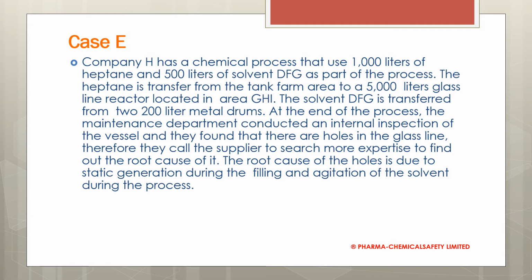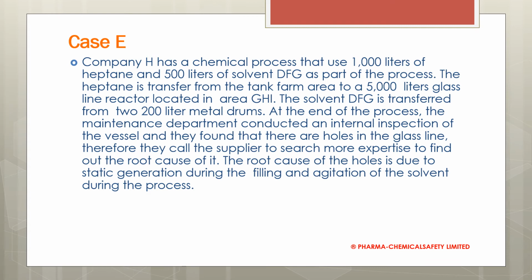It's very slow, and you can find that data. Don't use the data that I'm telling you right now. Go to NFPA 30 and you're going to find the maximum flow to load the means of containment. It's very slow, and it's to control the dissipation of static, especially with non-conductive liquids.